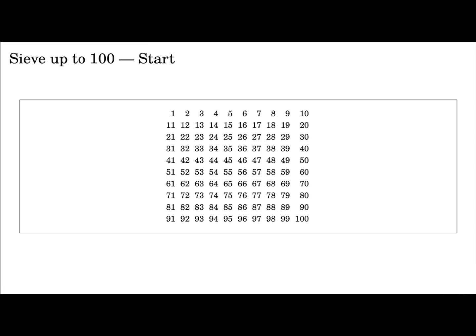And then you start with the next number, the number 2, and you cross out, here we just put them in light gray, all the multiples of 2, okay? So now these numbers are definitely not prime because they are all divisible by 2, right?